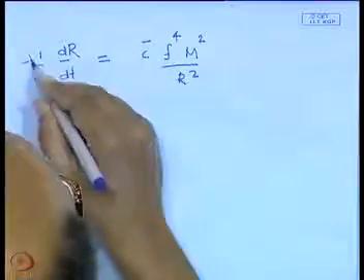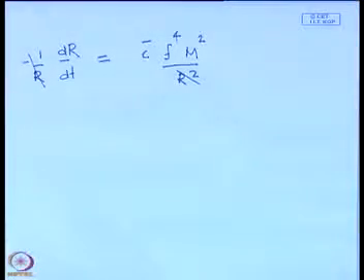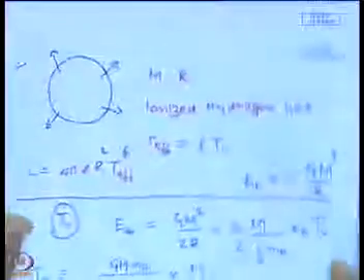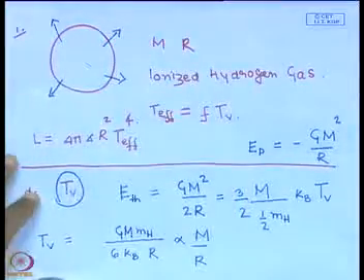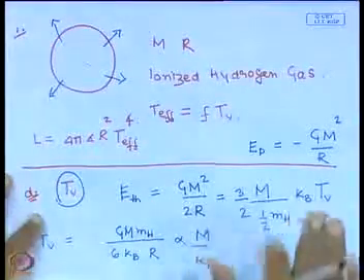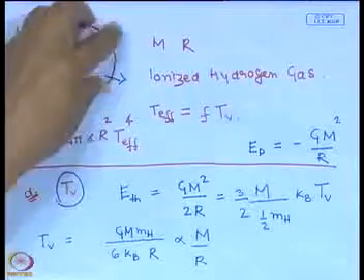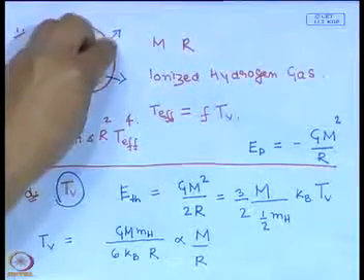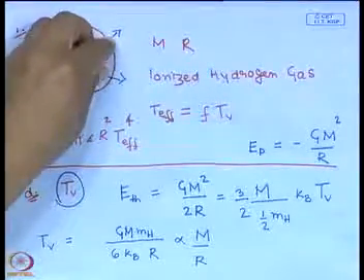So, this 1 by r square cancels out, and the problem is as follows: when this loses energy, its thermal energy is going to increase, its potential energy is going to get lower and lower. So, this thing essentially contracts, and we want to find the rate at which it contracts. We want to find the solution to r as a function of time by solving this equation, right.